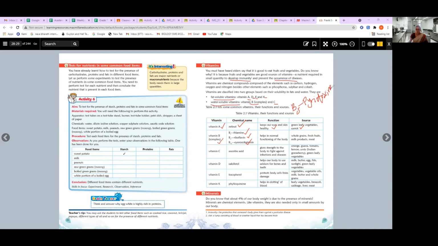It helps in the normal functioning of the body. Sources are whole grains, fresh foods, milk products, and meat.